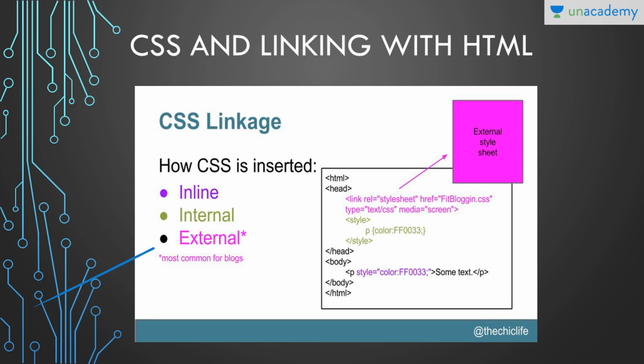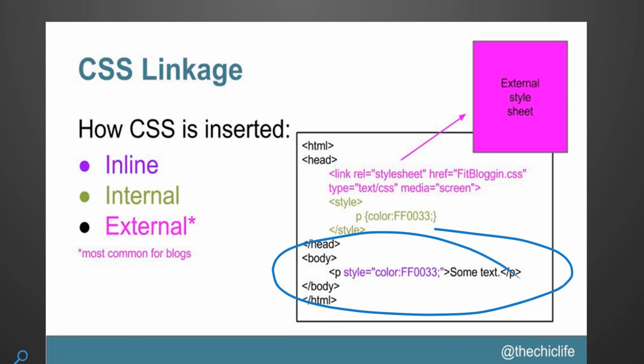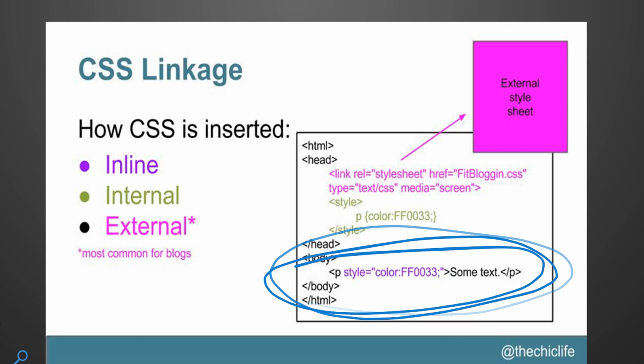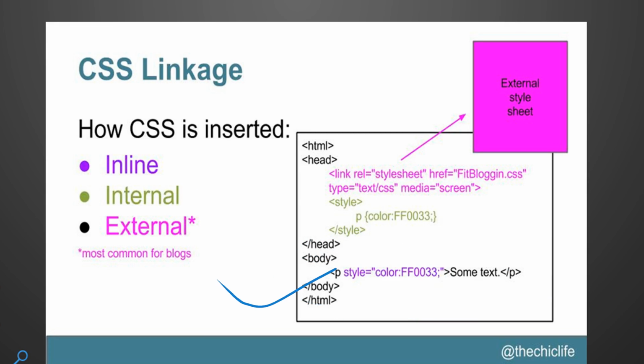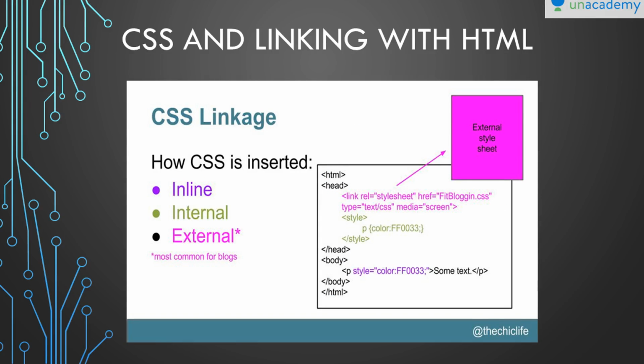Here you can see this is my style, and this is the inline way of giving the link to our HTML. In the same way, this is the internal way, and this is the external way. In the external way we simply make another file of our CSS and simply give a link to our CSS file. So in this way we can link our CSS with our HTML file, right?